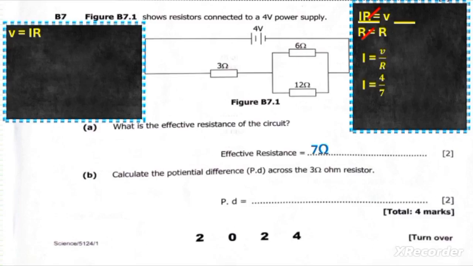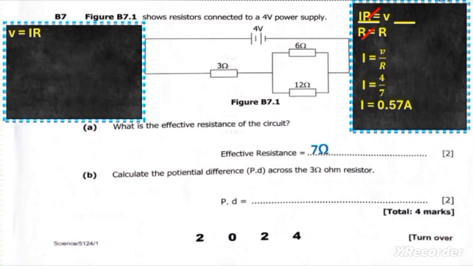So current is equal to voltage divided by R. So 4 divided by 7 is equal to 0.57 amperes.